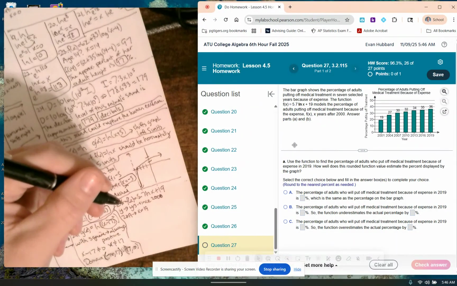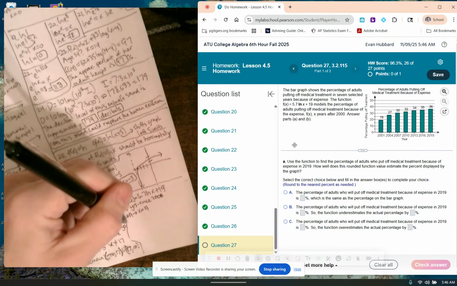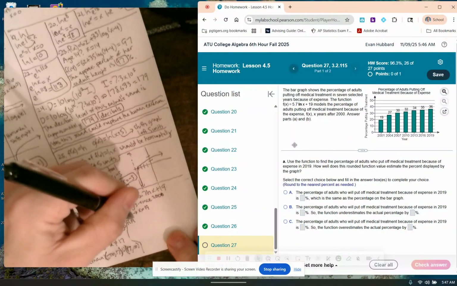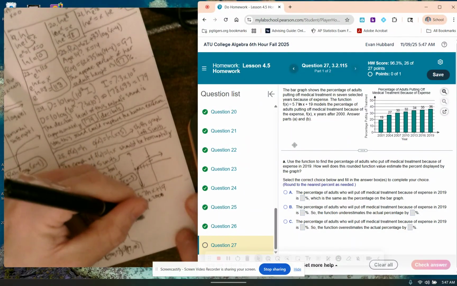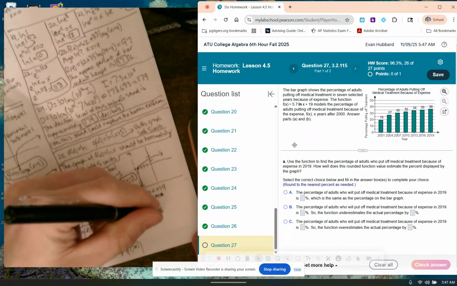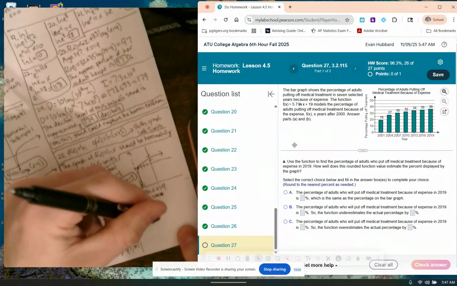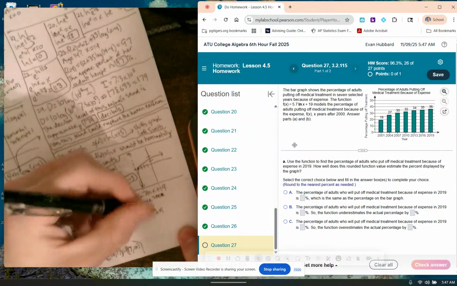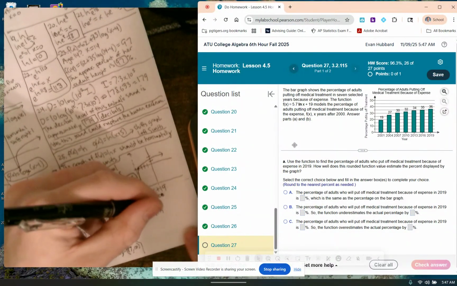So I'm just going to plug 19 in there. f of 19 is equal to 5.7 ln of 19 plus 19.